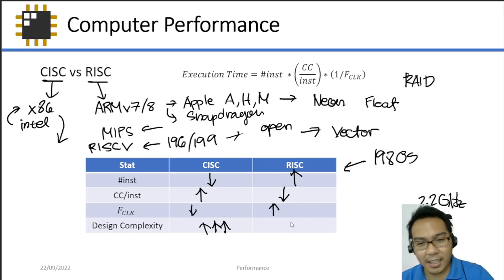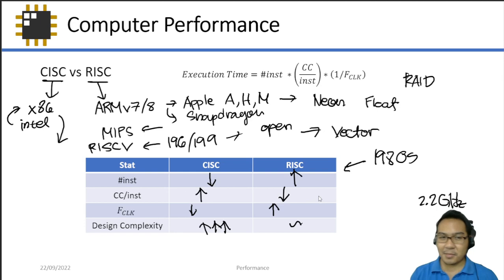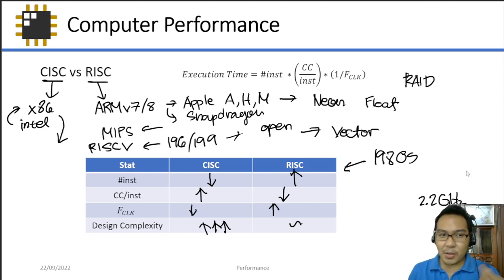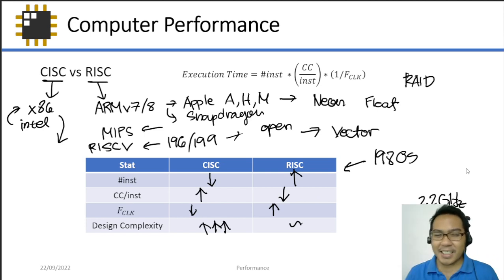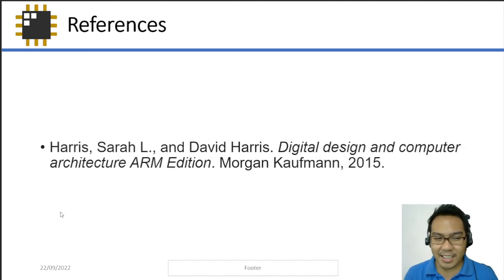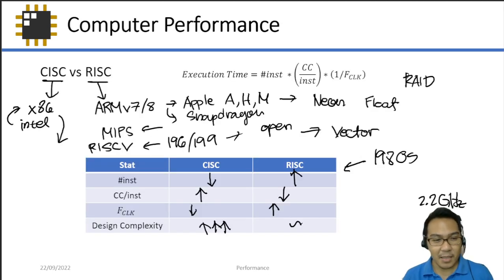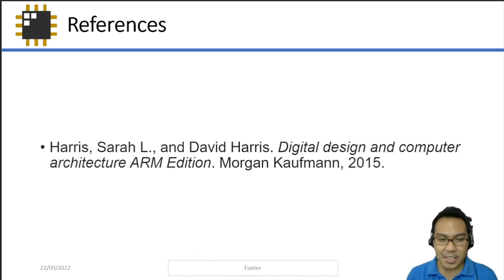RISC, just right. That's what we've been talking about. It kind of looks complicated, but when we made the single cycle data path, I was like, okay, that's kind of simple, I guess. So yeah, that's it for computer performance. Next, we're going to discuss multi-cycle architectures.